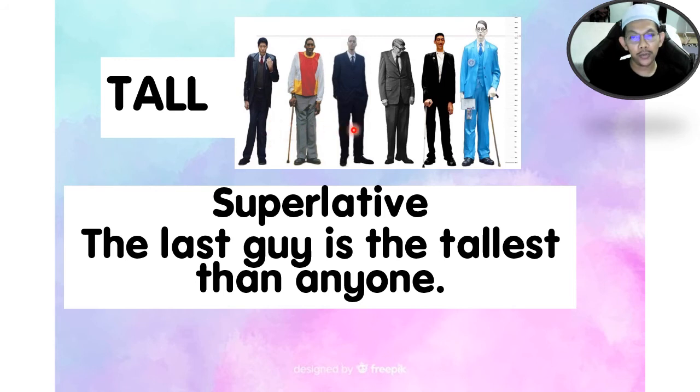Sorry, my bad, we have 6 guys in this picture. I would like to ask you, which one is the tallest of anyone in this picture? Of course, the guy that wears a blue coat. He is the tallest guy.